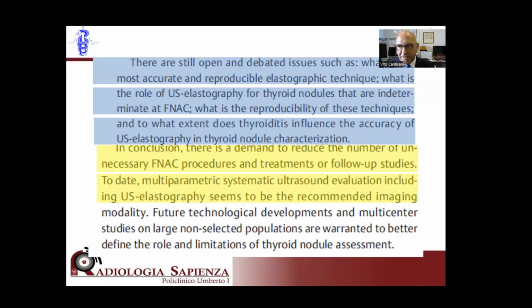We proved in several papers that it can be useful to increase accuracy by at least 10%. How reproducible is the technique? However, recently, thanks to the qualitative indicator, it's now better and easier to obtain good results. And also, we still don't know how much thyroiditis can influence our examination.